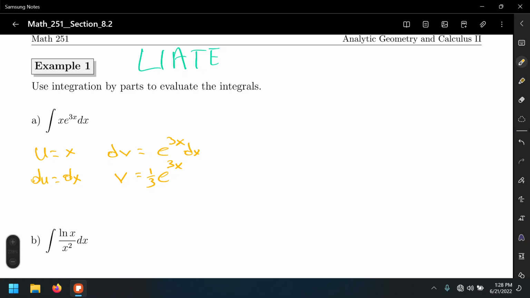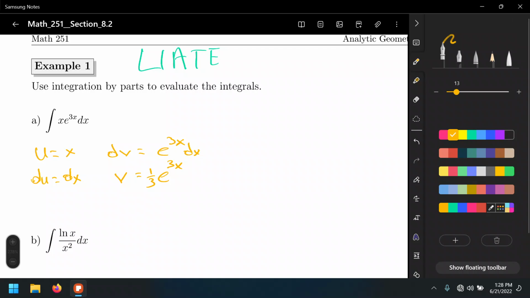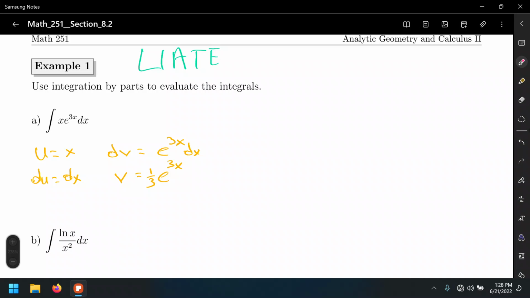All right, and now we have all the elements that we need to perform this integration by parts, and it would be great to actually rewrite the formula. So the integral of u dv equals u times v minus the integral of v du. So let's see.